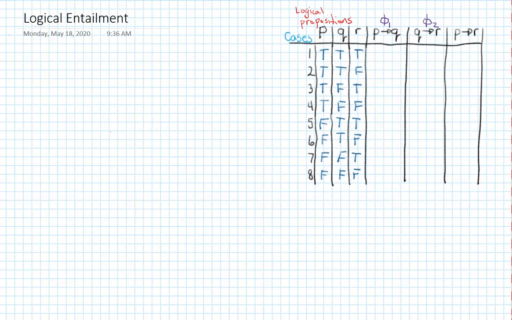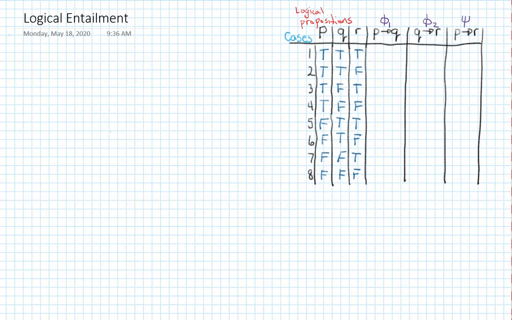Here I'm just going to use the Greek letter phi1 and another Greek letter phi2 to represent these 2 logical sentences. This is an implication, this is another implication. Finally I'm going to use a third Greek letter, psi, to represent this implication. So I have 3 implications, that's 3 logical sentences, and I've labeled them with Greek letters.